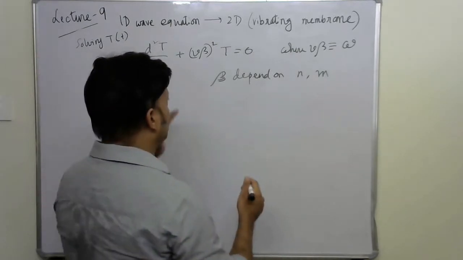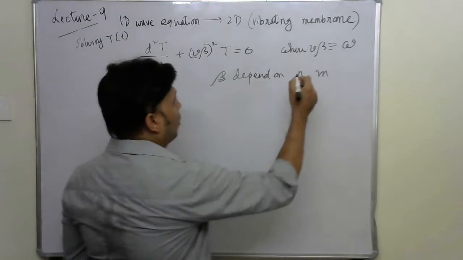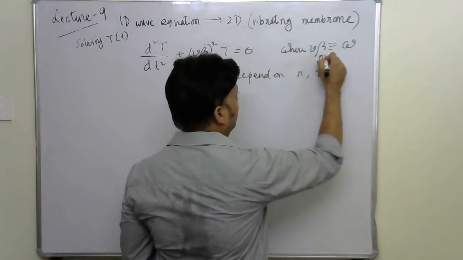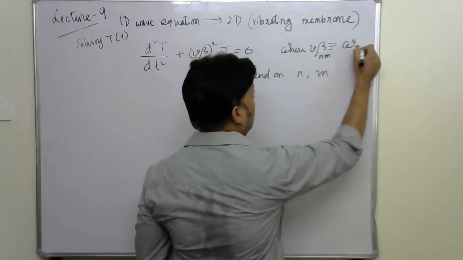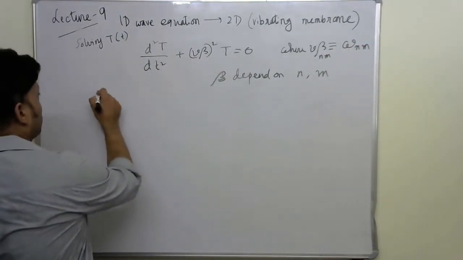So, since beta depends on n and m, we can say that v beta nm is equal to omega nm. So it means that omega is now a function of n and m.